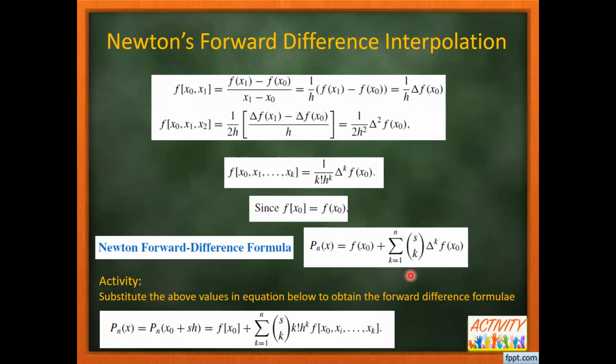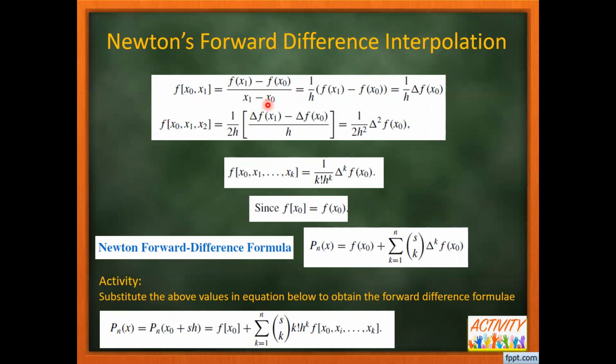Okay, now we are going to further simplify our effort by using Newton's forward difference interpolation. In this section, we are going to replace the divided difference formulation with the ordinary differences. Here the delta sign represents the forward difference. So the first order divided difference f of x naught x1 is f of x1 minus f of x naught divided by x1 minus x naught.